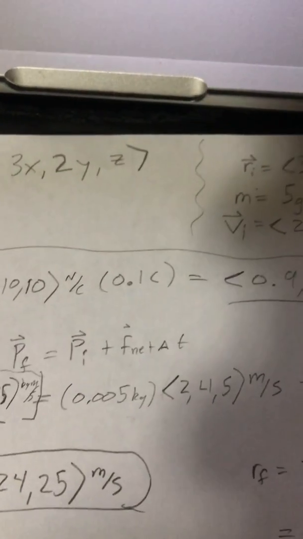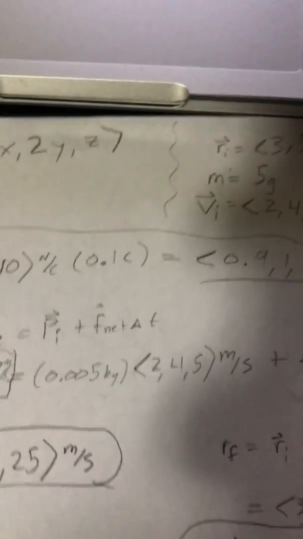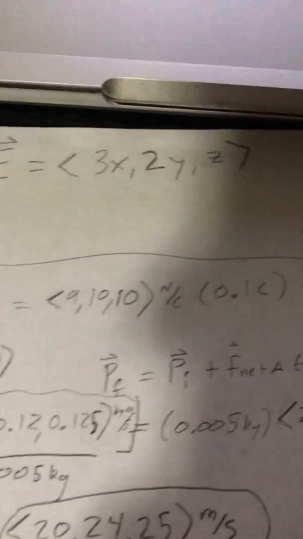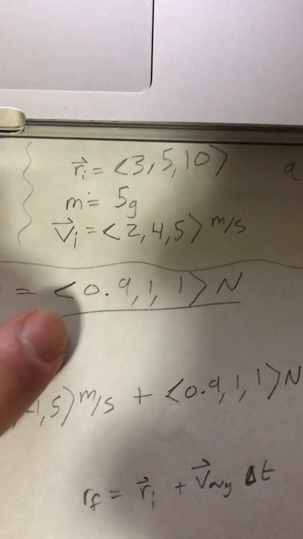And we're going to say that this is the only force acting on our particle, so that will equal our net force. So we multiply those together and find that our force is equal to this vector right here.